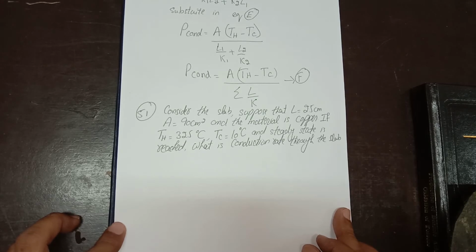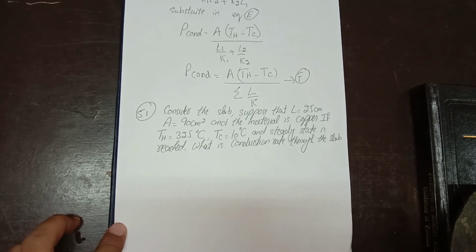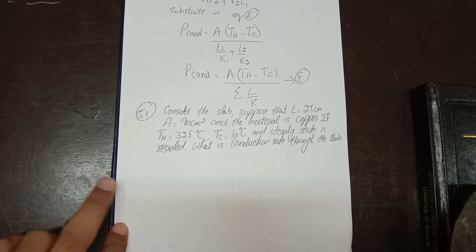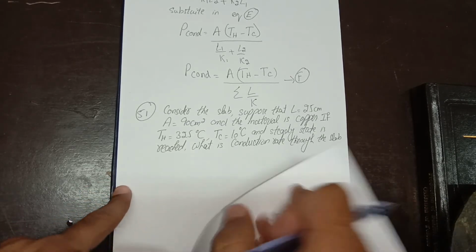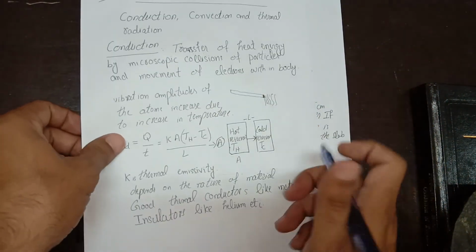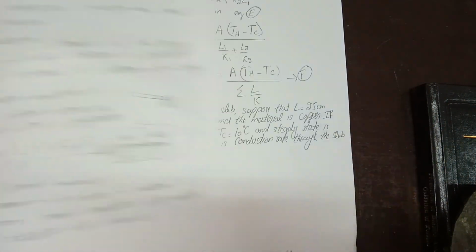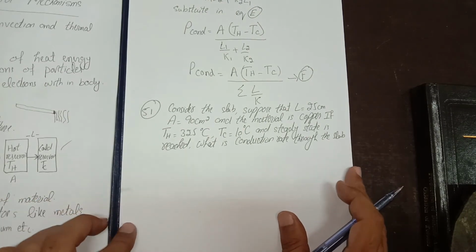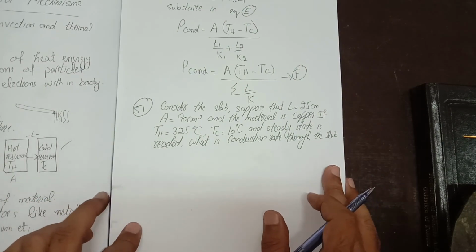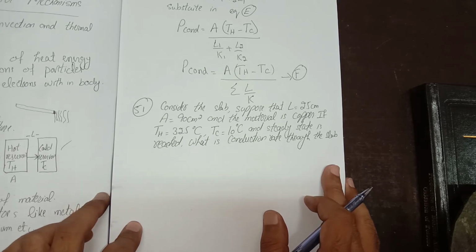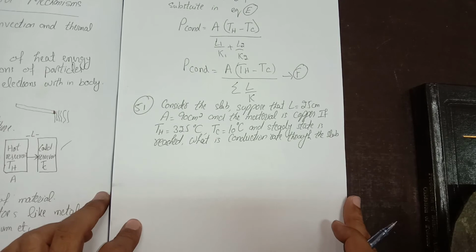Consider this slab that was shown in the figure. Its length or thickness is 25 centimeter, the area of this slab is 90 centimeter square, and the material is copper. If the high temperature reservoir is 325 degrees centigrade and the cold temperature reservoir is at 10 degrees centigrade and steady state is reached, what is the conduction rate?